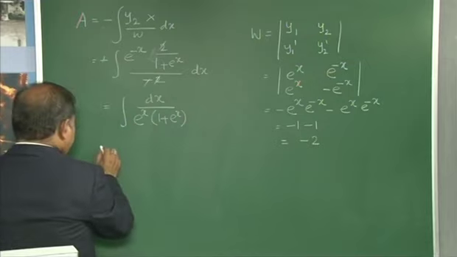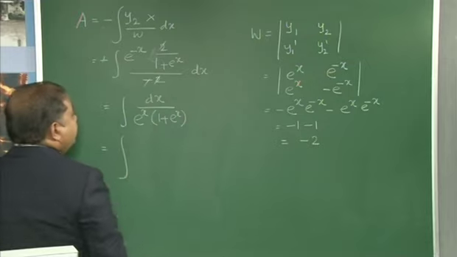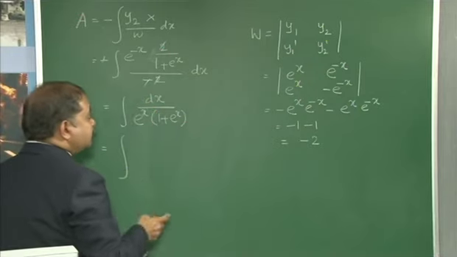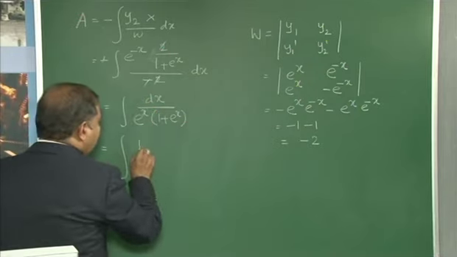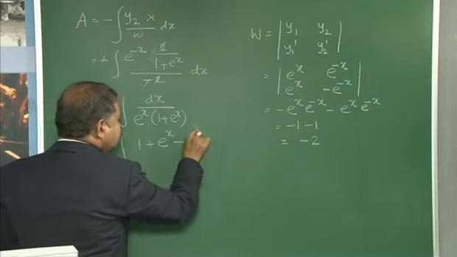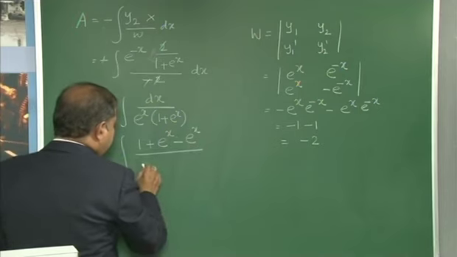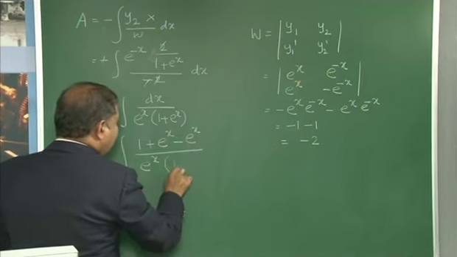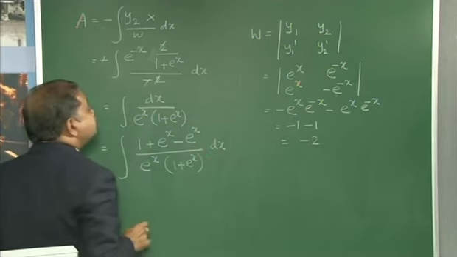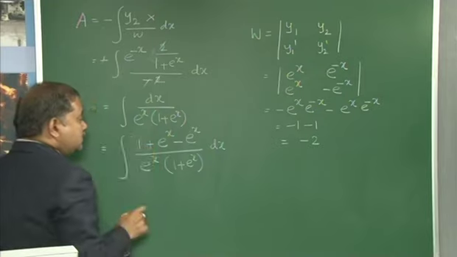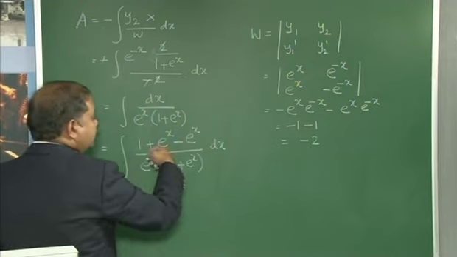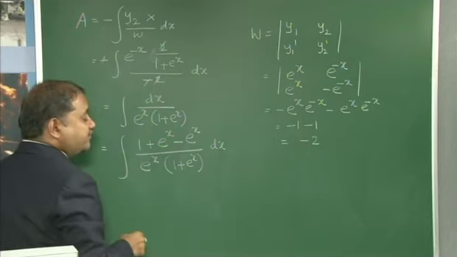What I am doing? The numerator 1 is there, let me add and subtract e power x. So, 1 plus e power x minus e power x by e power x into 1 plus e power x, dx. I hope you understood. So, 1 plus e power x minus e power x, these two get cancelled, I will get the previous one.